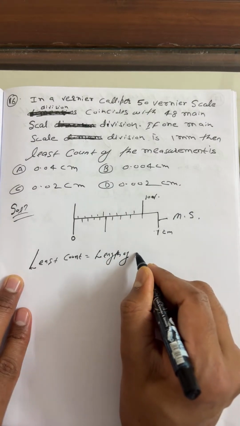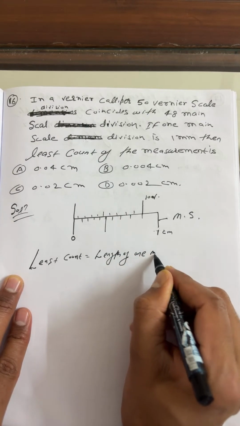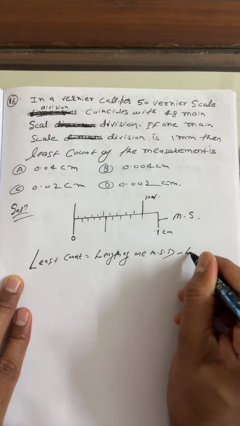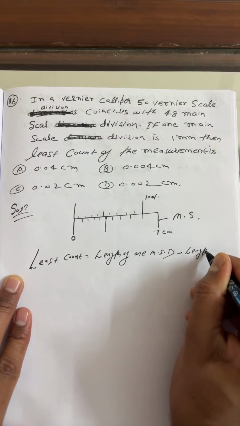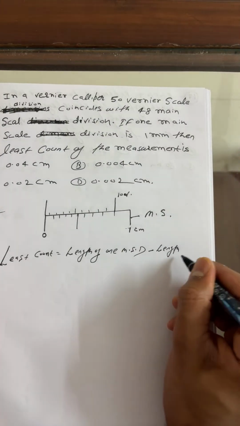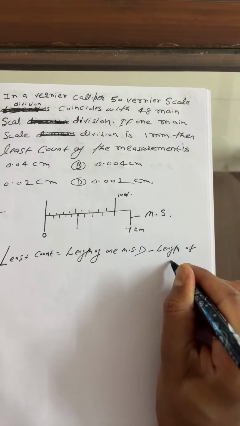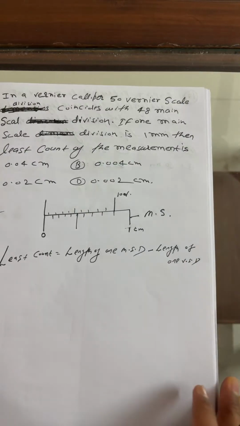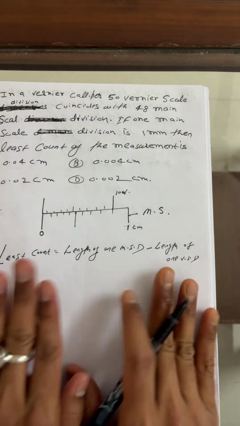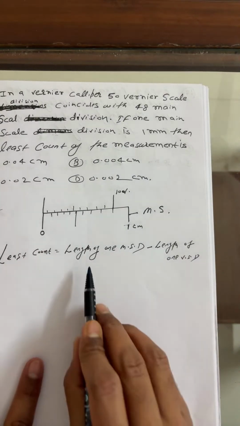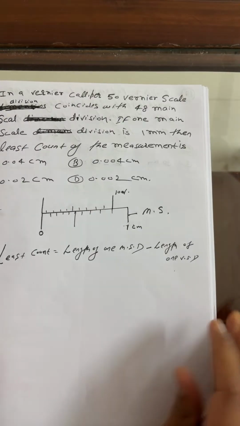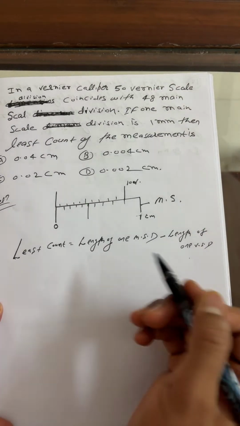Length of one main scale division minus length of one vernier scale division. That is the primary formula, beta, which you can keep in mind. It is always applicable everywhere: length of one main scale division minus length of one vernier scale division. That's all. So now, beta, what's the question?